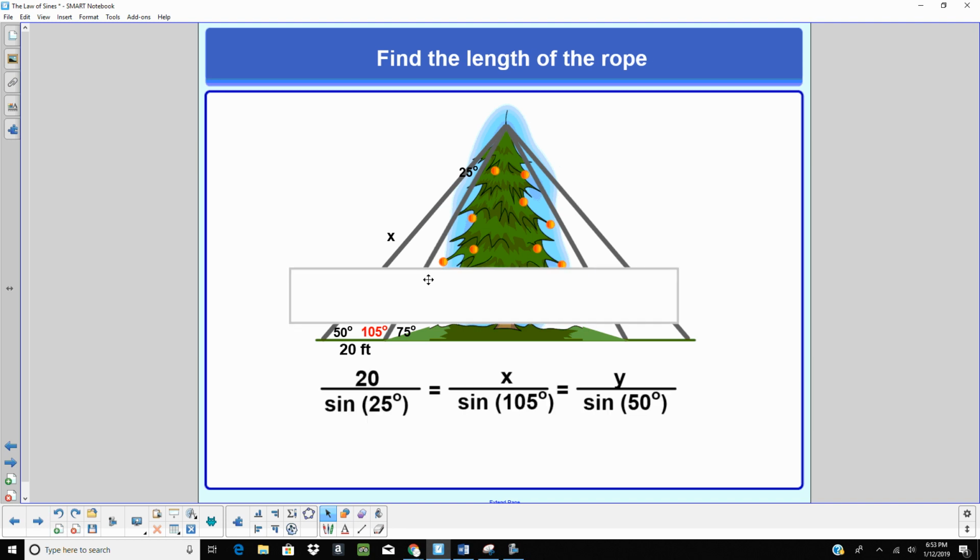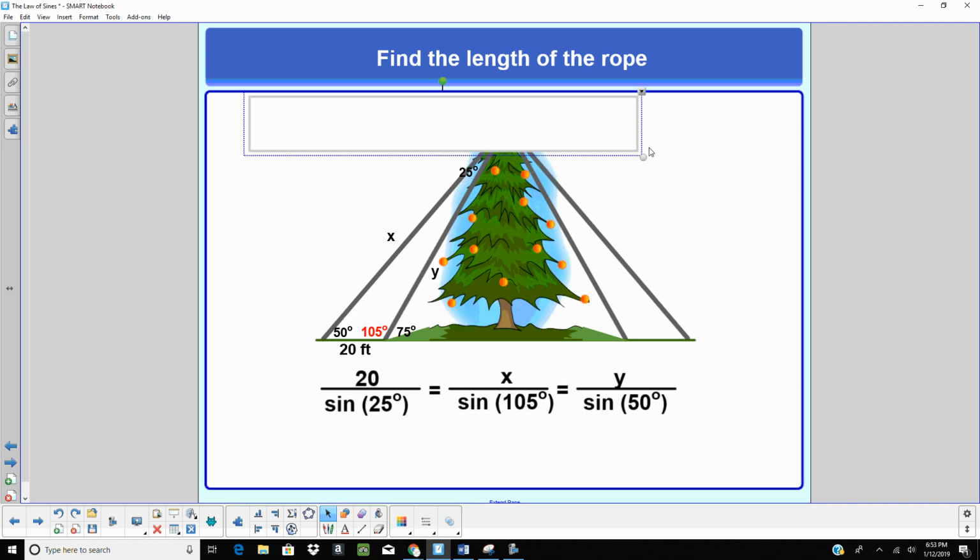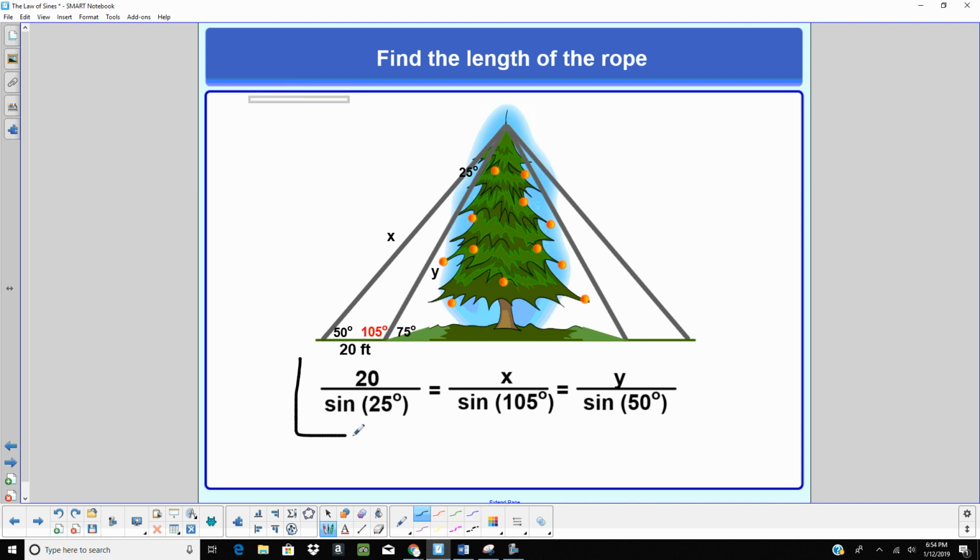So when I do that, I'm going to go ahead and set up my ratios. To get the first one, I'm going to take these two and solve them, cross multiply.